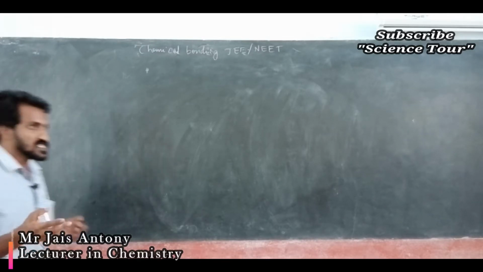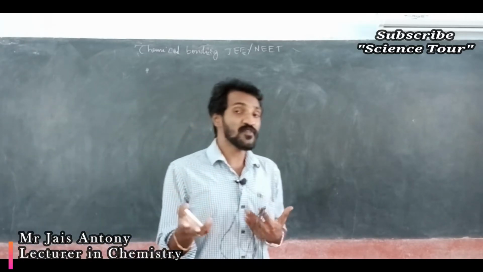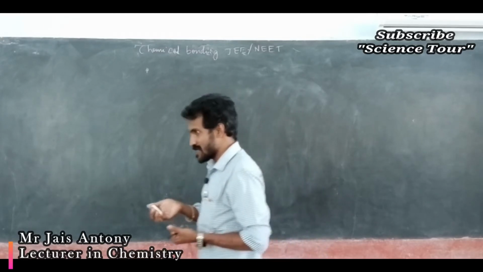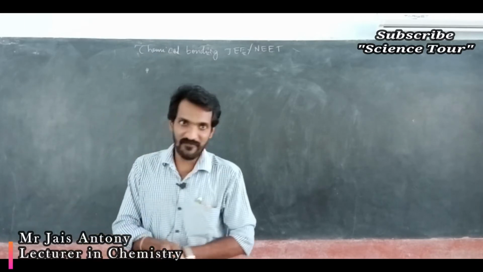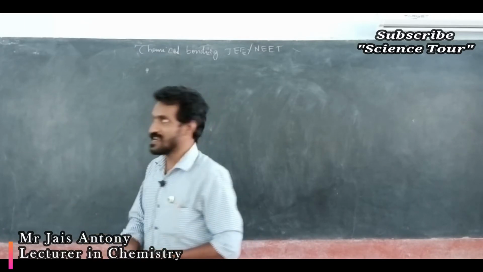So my dear students, next we are going to discuss an easy method to find paramagnetic and diamagnetic property. Which one is paramagnetic, which one is diamagnetic? It's very difficult, no? I'll give you one idea.